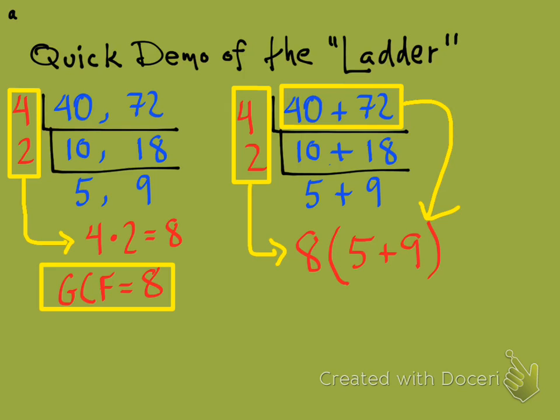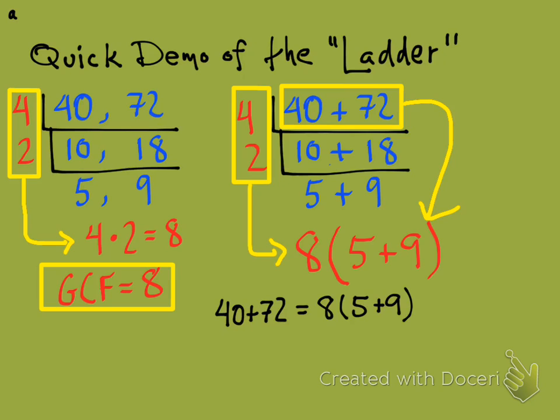I've taken the numbers 40 plus 72, a sum of two numbers, and rewritten it as a product of two things. I've written it as 8 times (5 plus 9). And that is what factoring is: taking a sum or a difference of numbers and rewriting it as a product. So 40 plus 72 is equal to 8 times (5 plus 9).